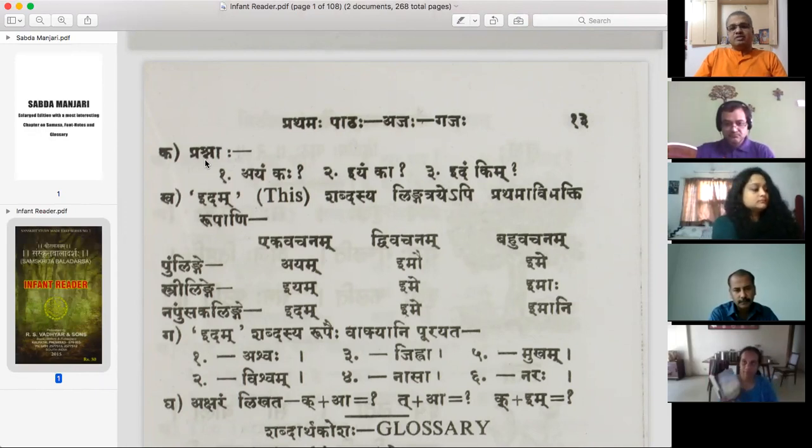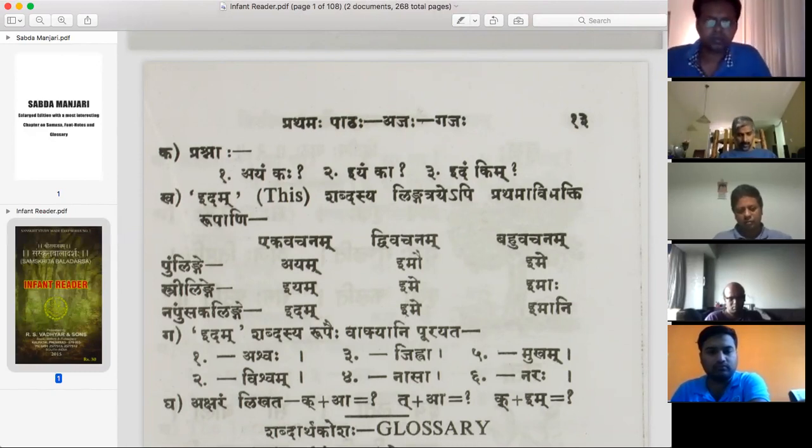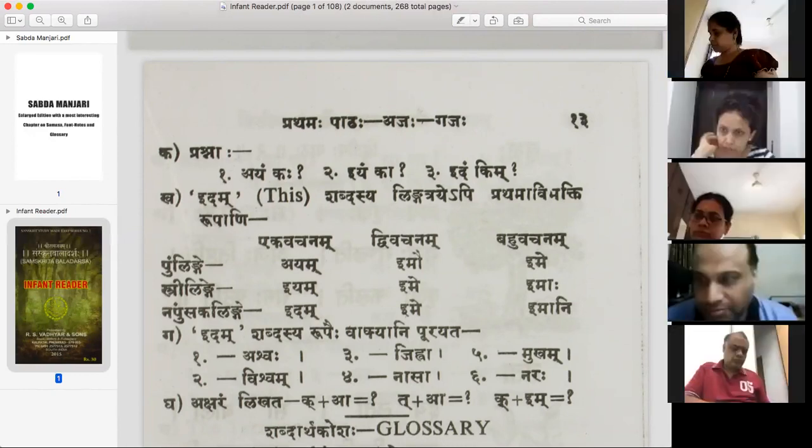Open the infant reader. Swamiji, I think you meant infant reader. Sorry, infant reader, yes, not Shabda Manjari. Infant reader, page number 13.